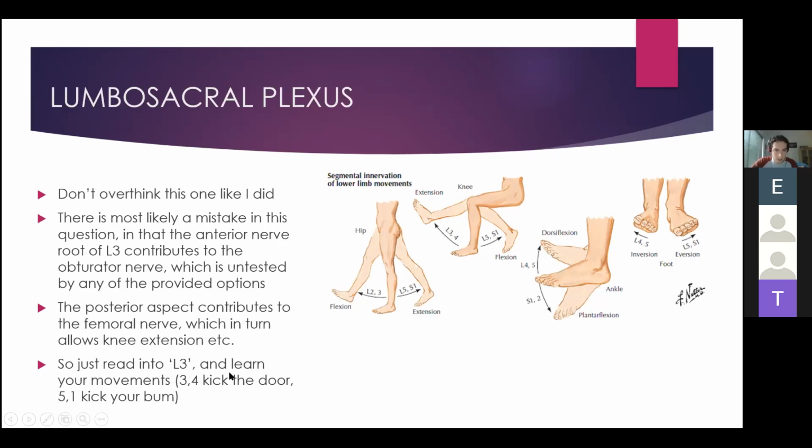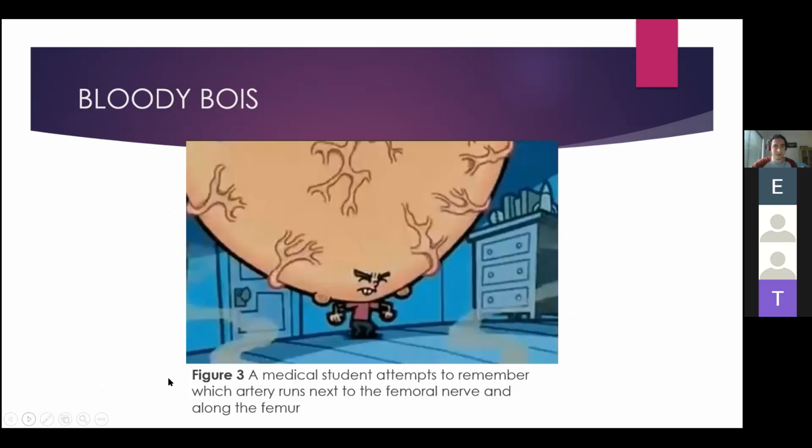Here is a little mnemonic down the bottom, which can be helpful for learning knee movement and the myotomes that control that. You can use it if you want. As I said, if you guys have learned the myotome dance, then that works too. All right.